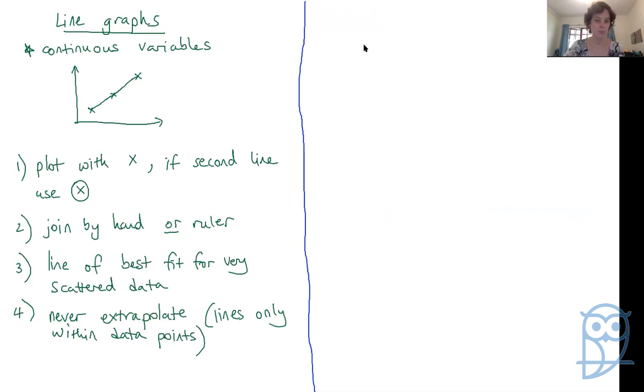Now let's talk about bar charts. Okay, so here we're talking about discrete data. So if you have information on, let's say, height of males and females, those are discrete.